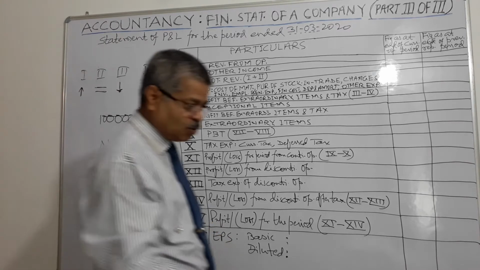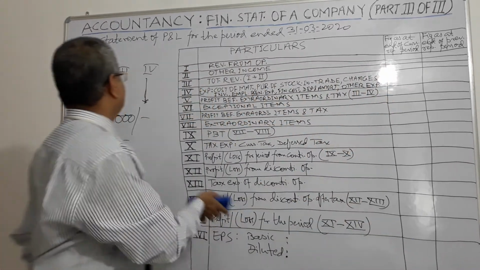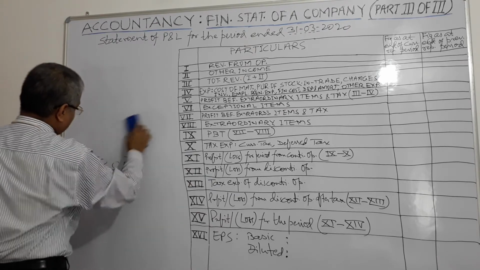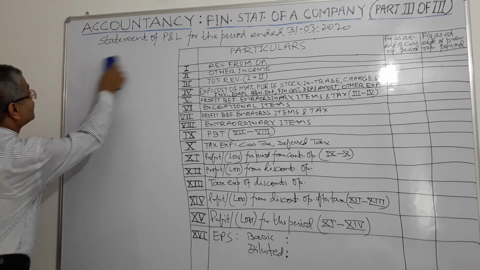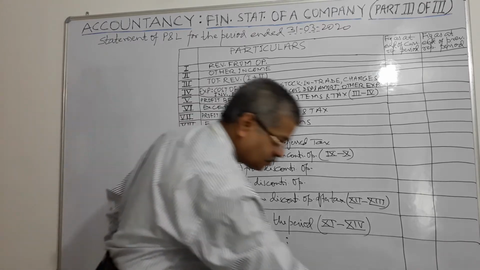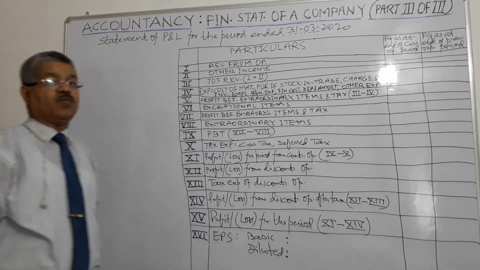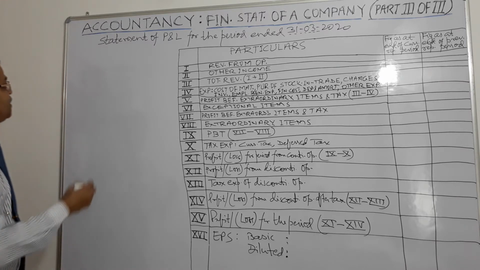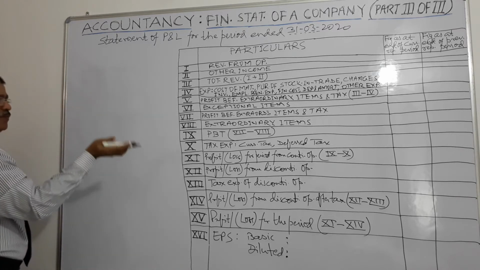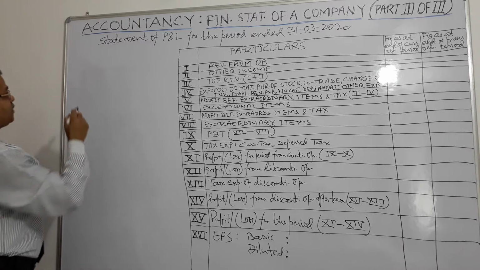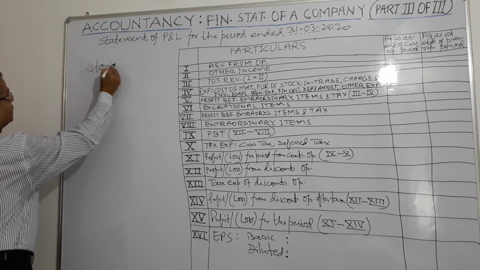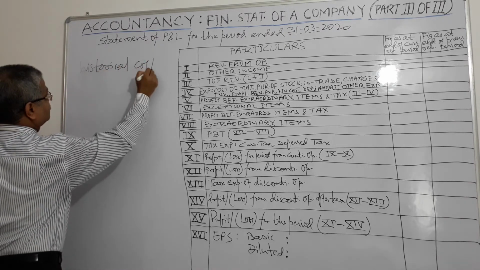Then we come to what are the limitations of financial statements. Everything cannot be good in respect of anything. So here we come to the last point. What are the limitations of financial statements, right? First of all, we have already discussed in our previous videos that the figures contained in these financial statements are based on historical cost, right?